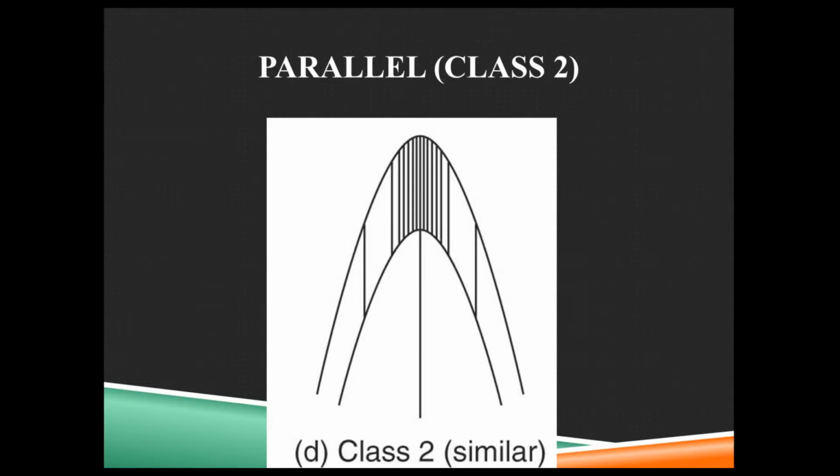You get this arch shape, but the cards are all still parallel to each other. So you get a fold where everything is still parallel. Also called a similar fold.